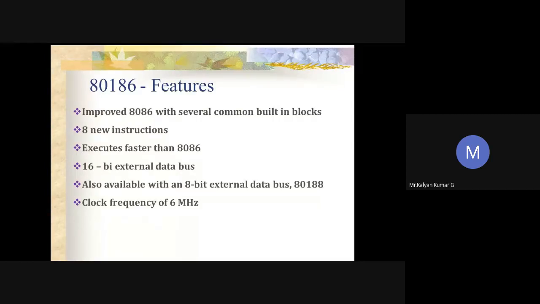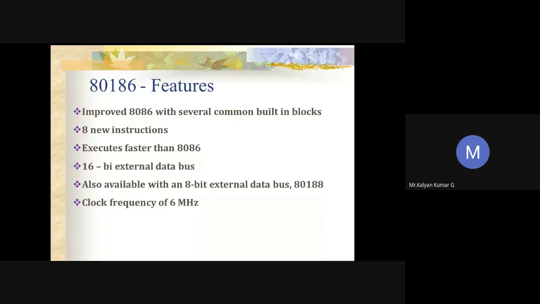In 8086 we don't have an inbuilt clock generator, but in 80186 we have an inbuilt clock generator. We have a system controller, inbuilt interrupt controller, DMA controller, and timers, all inbuilt in this 80186. So it is an advanced, improved version of your 8086.